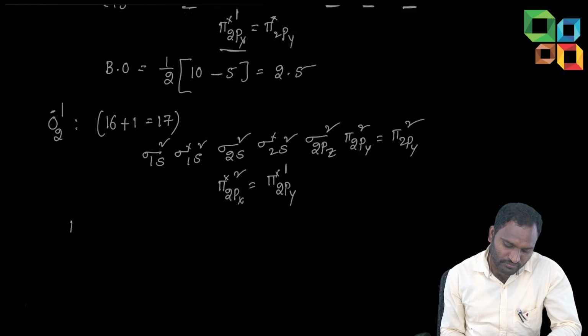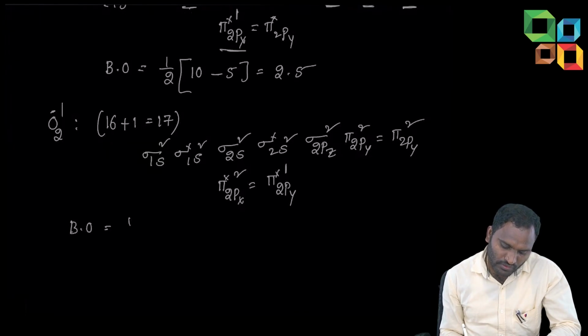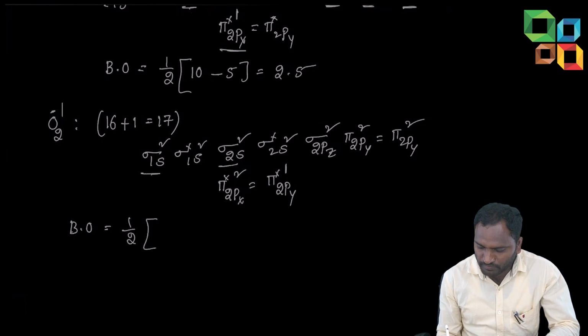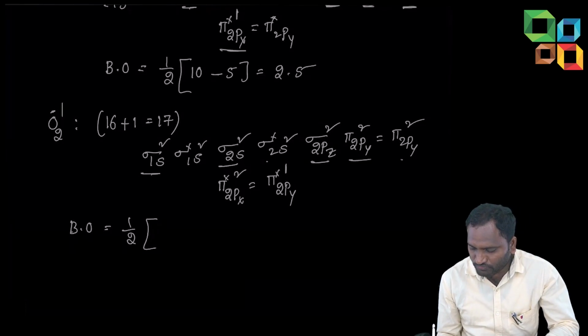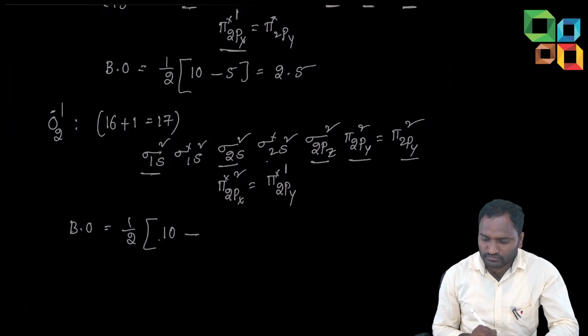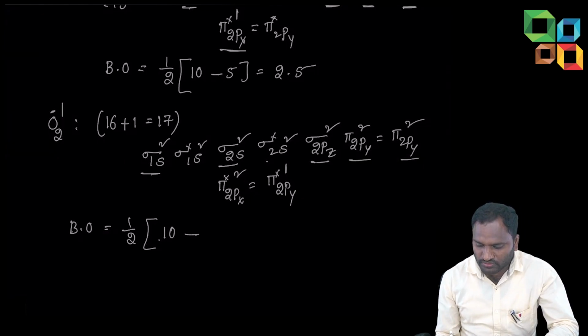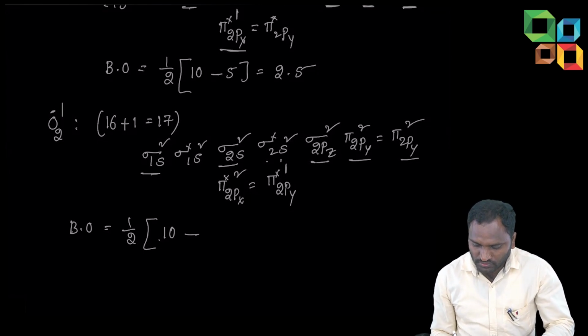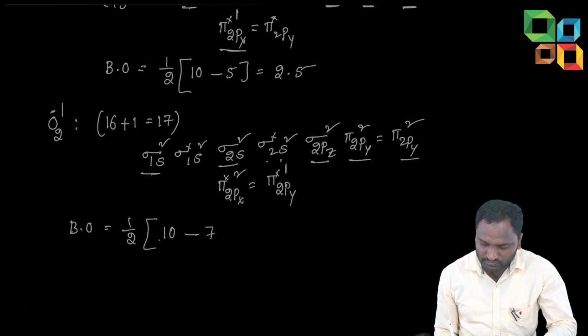Bond order we'll see. Half into number of bonding, 1, 2, 3, 4, 5, 10. Minus antibonding, 2 plus 2, 4, 4 plus 2, 6 plus 1, 7.